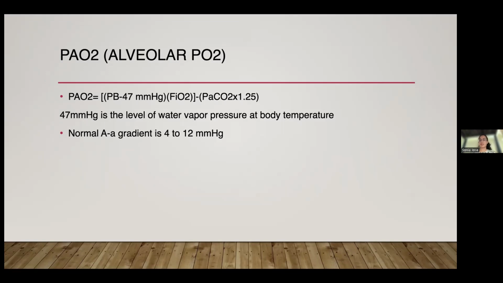And also for the second part of the equation, PaCO2 into 1.25, you can simplify it as PaCO2 plus 10. So it is easier for the calculations in the examination. The answers will be almost similar, so that we can save time.